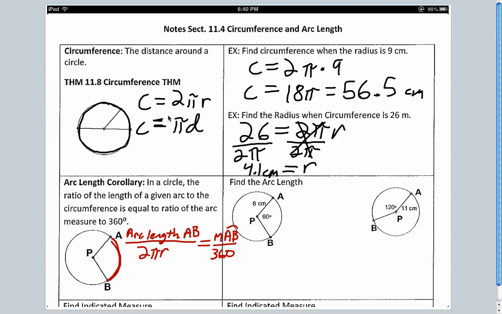So the arc length divided by the circumference, that fraction of the circle, equals the measure of the angle or the degrees of that arc divided by 360. Let's see how it works.